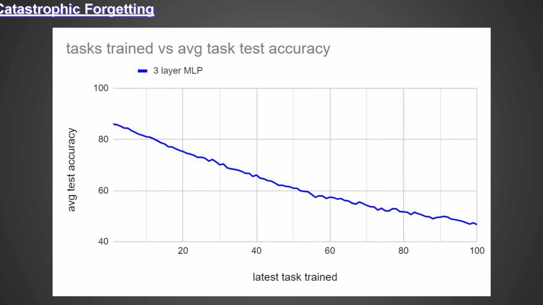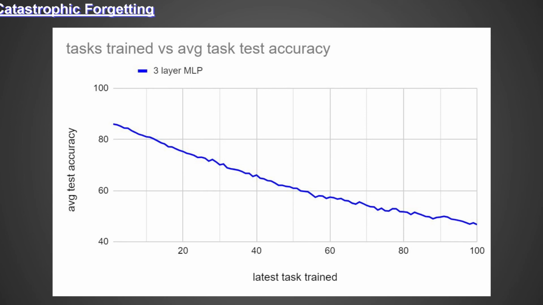So task 1 we train it on, then we train it on task 2, task 3, etc. And after each task, we're testing how well it does across all tasks that it's trained on so far. And what's going on here is that each latest task it's training on, it's doing just as well as all the way to the left. You see that point. It's around 85% test accuracy.